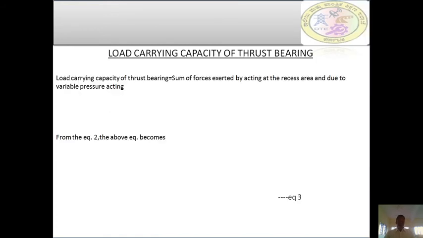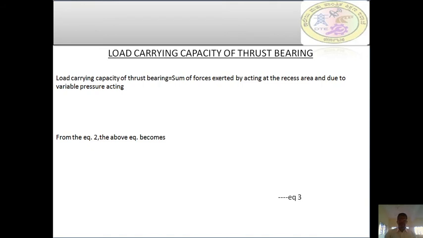Now, this is called the load carrying capacity of the thrust bearing expression. Now we are going to derive a second derivation, that is, the load carrying capacity of a hydrostatic thrust bearing. What do you mean by load carrying capacity of a thrust bearing? It is the sum of forces exerted, acting at the recess area and due to the variable pressure acting across the bearing.